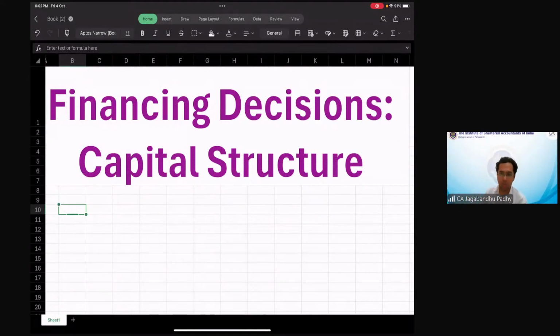So right now, let's take it forward with another interesting topic called capital structure. Problems of capital structure will be taken in the sessions that we have for revision.